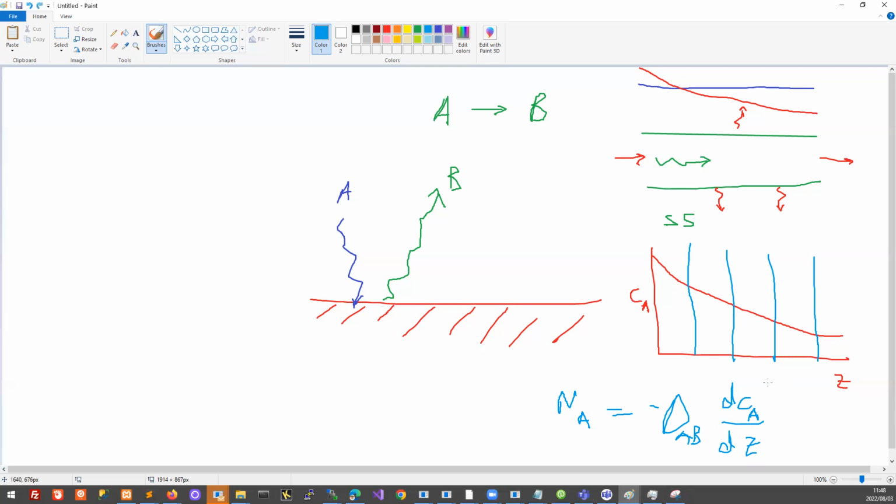It's generally not true. dC_A/dz, the gradient of A with respect to z, is generally a function of z. If this was a curved line, then the gradient here is different to the gradient there. But we are saying now, if the gradient is perfectly flat, then this is a constant.